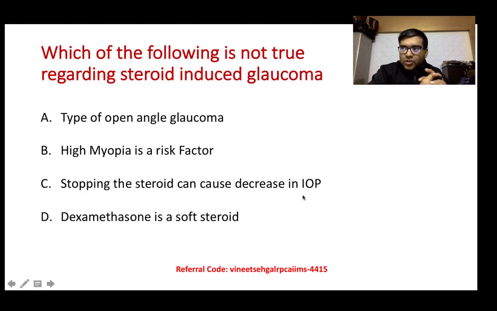Okay, the next question for you is, which of the following is not true regarding steroid induced glaucoma? A: type of an open angle glaucoma, B: high myopia is a risk factor, C: stopping the steroid can cause decrease in intraocular pressure, D: dexamethasone is a soft steroid.